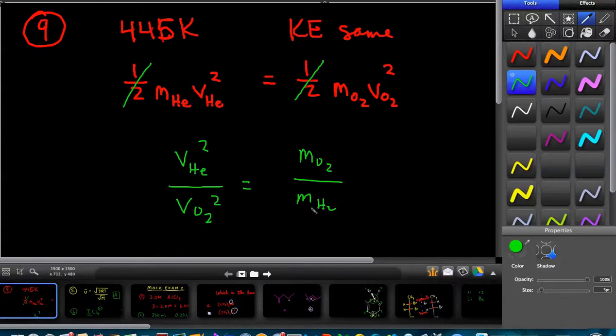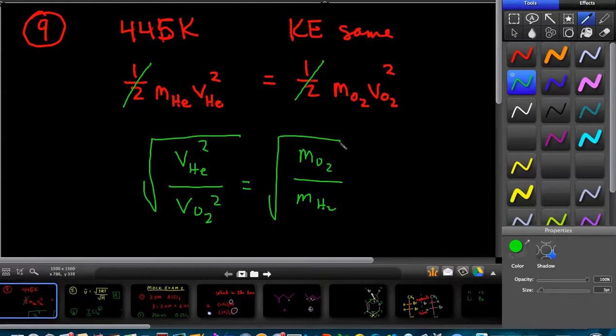Now, if these masses are molar masses and we take the square root, we get Graham's law of effusion. The smaller molecule is faster. The larger molecule is slower.